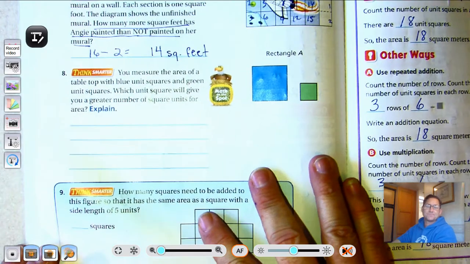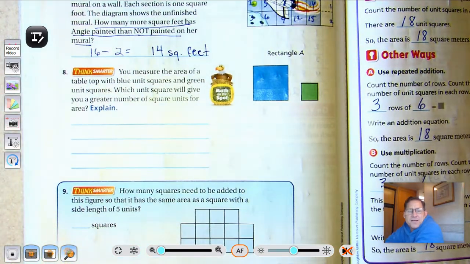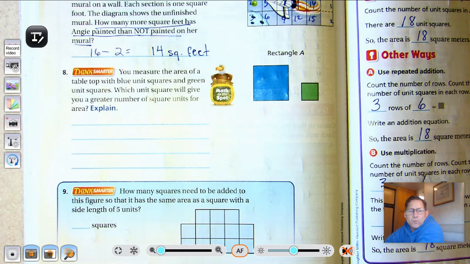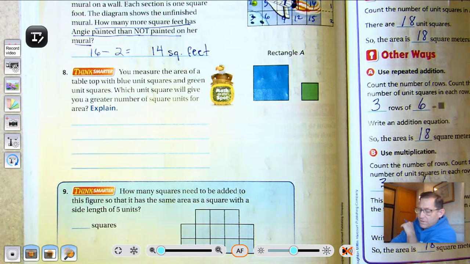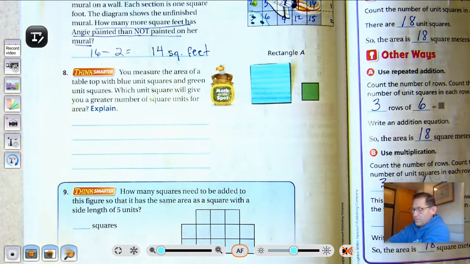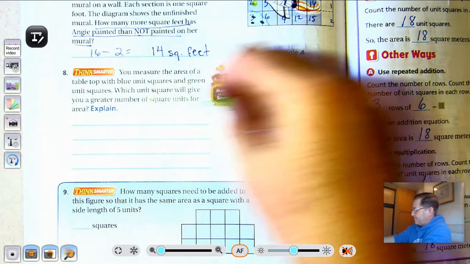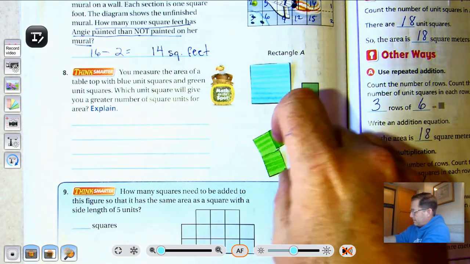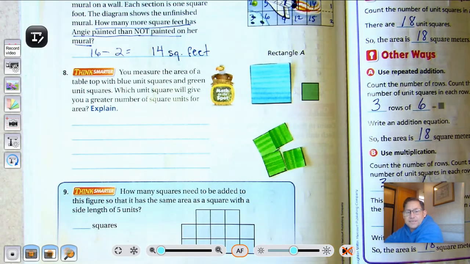All right, number 8. You measure the area of a tabletop with blue unit squares and green unit squares. Which unit square will give you a greater number of square units for area? Well, we just kind of did that, right? We said there was one of those and that it would take 4 of the little ones to equal a square.